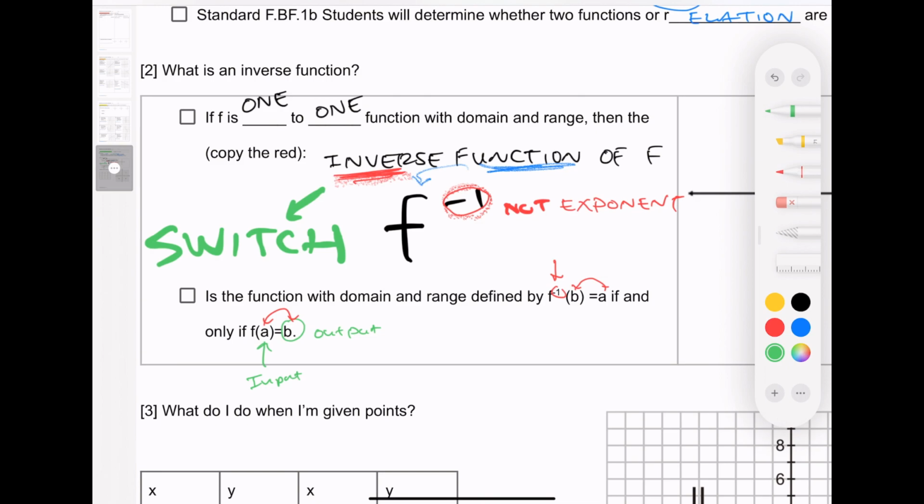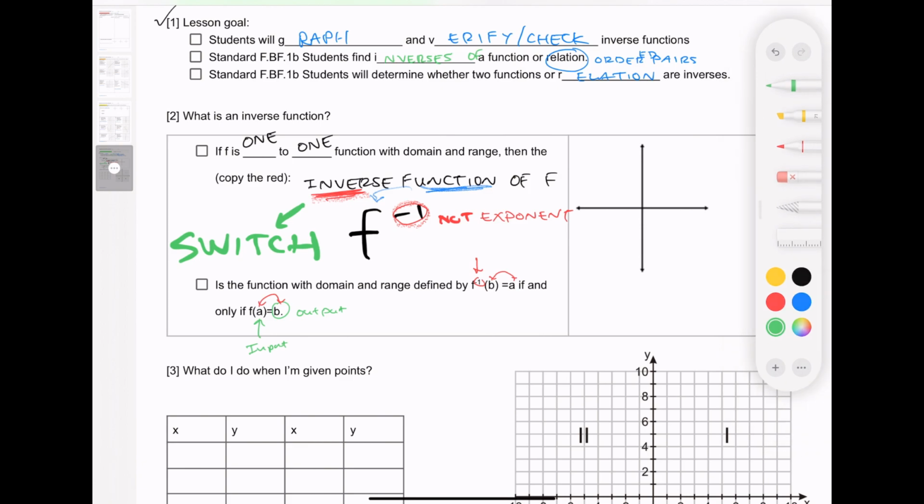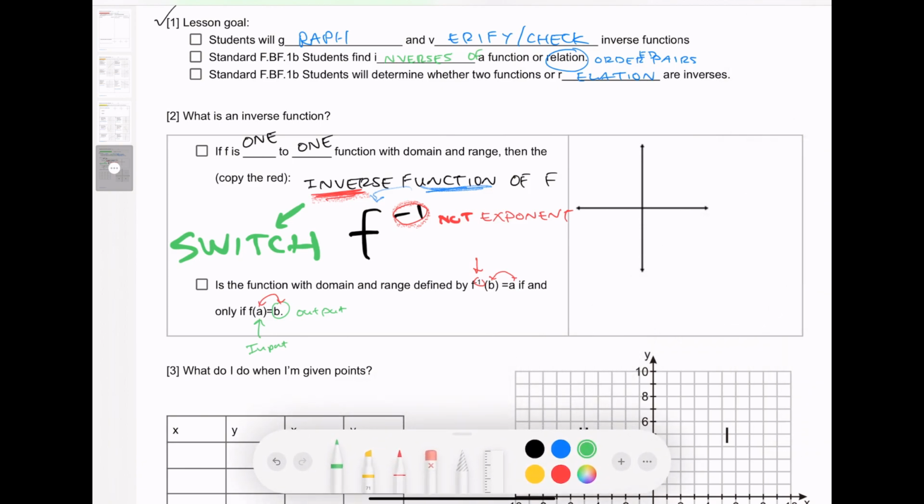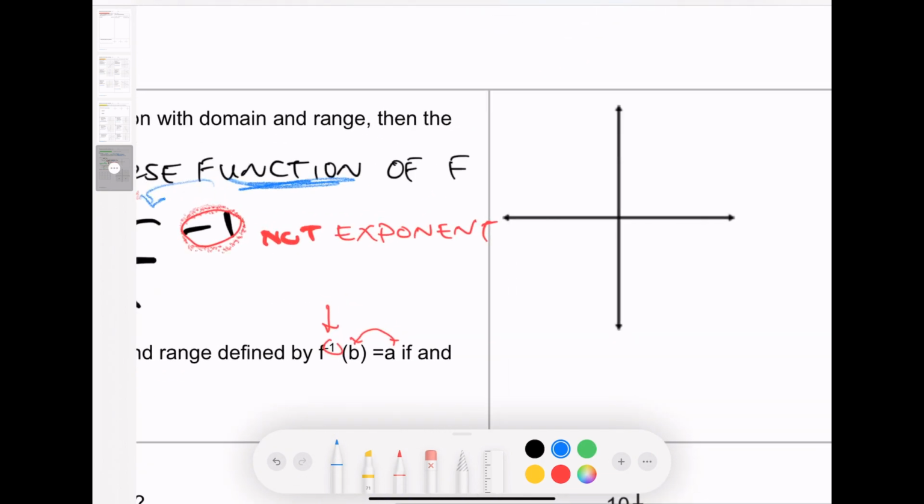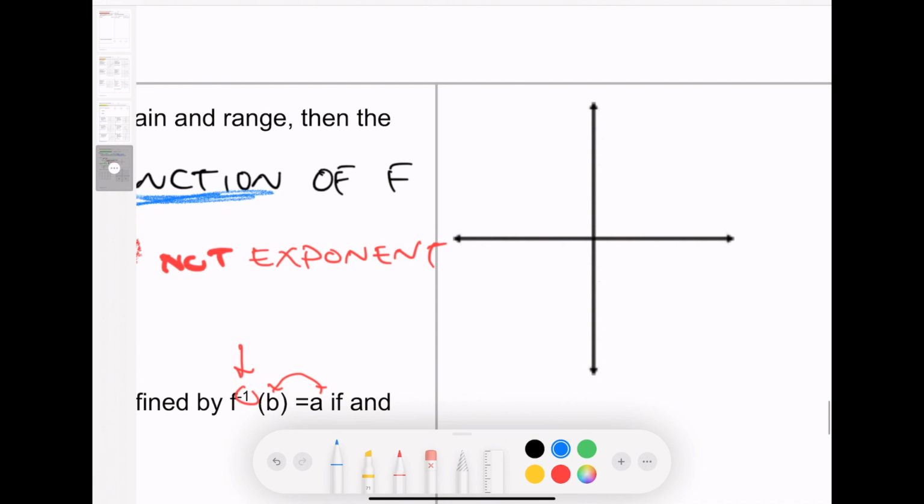All right. Let's go over here to the coordinate plane. If I give you this ordered pair, A is this point, and we'll call it (-3, 40).